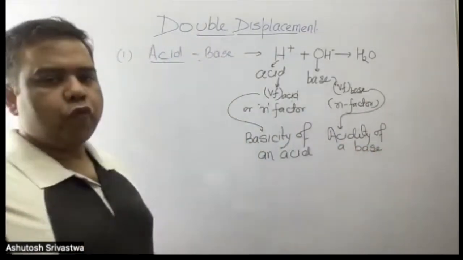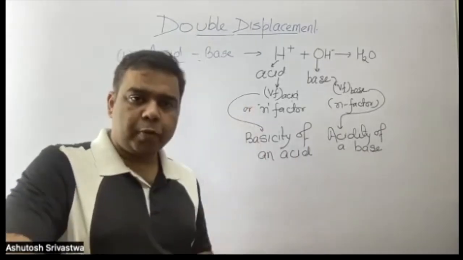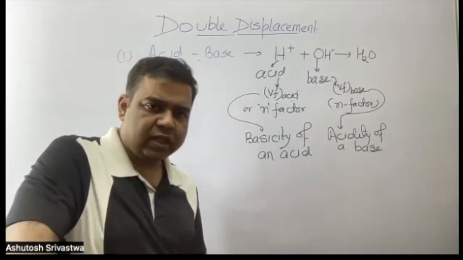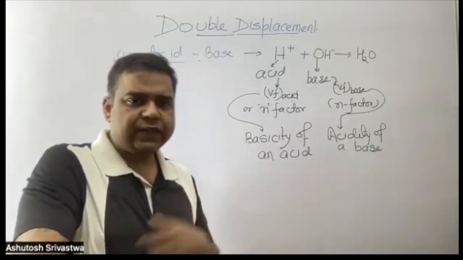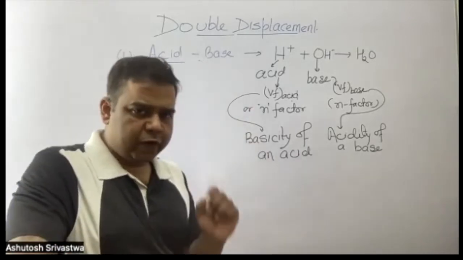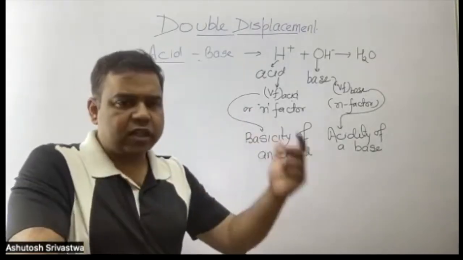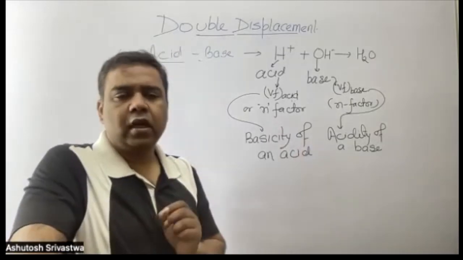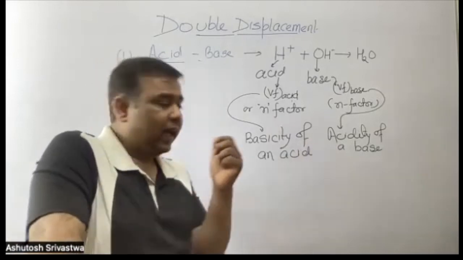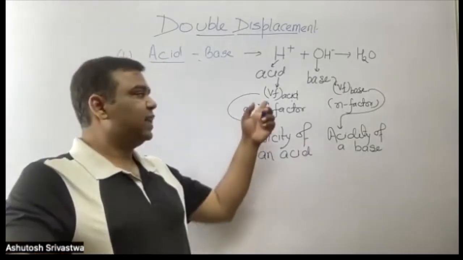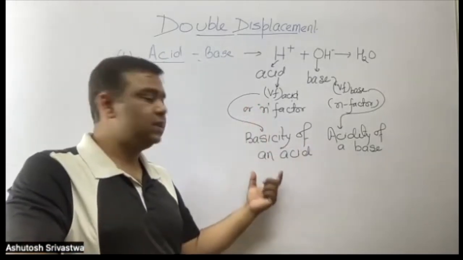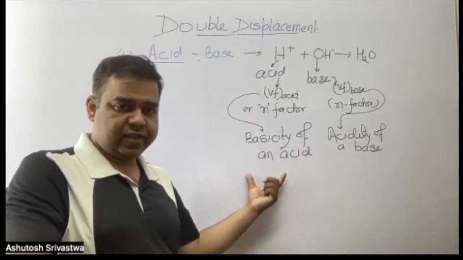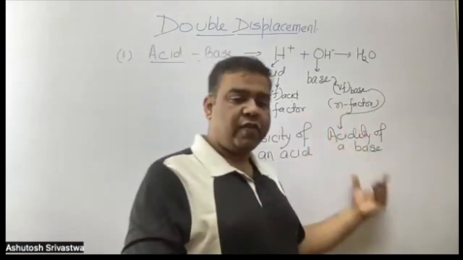Valency factor and N factor are more common, and we will be dealing with them till class 12th. We will talk about valency factor for redox reactions and many other reactions. In an acid-base reaction in particular, the valency factor is termed basicity of an acid, and for a base, acidity of a base.